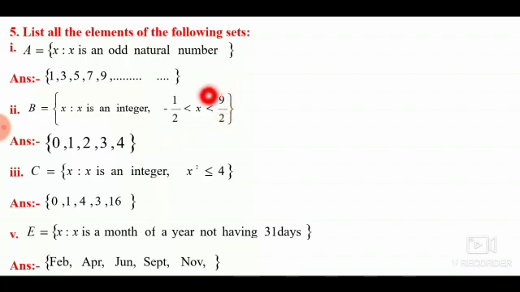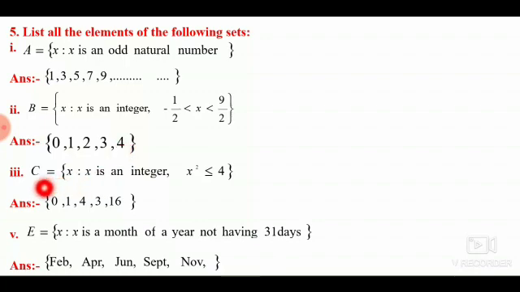Here 9 by 2 is nothing but 4.5. x is greater than minus 0.5 but less than 4.5. Therefore, the elements in this set are 0, 1, 2, 3, 4. Therefore, this form is called roster form.